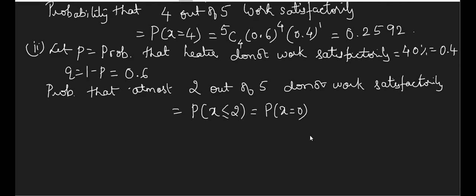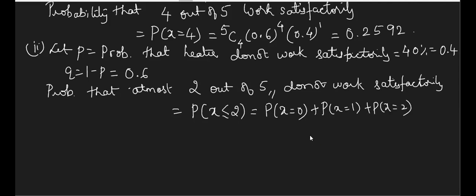Probability of X equal to 0 means out of 5, 0. It has a meaning, yes or no? Yes, ma'am. If I take a negative, it is wrong. So you have to start from 0 here. Don't forget it. So X less than or equal to 2 means X equal to 0, 1 and 2. Am I right?